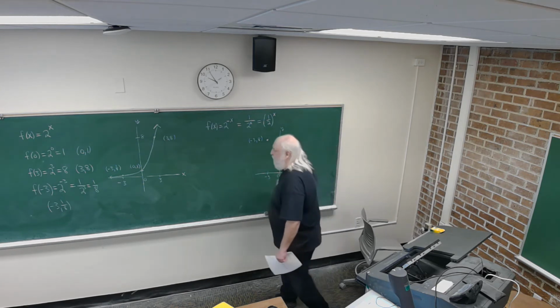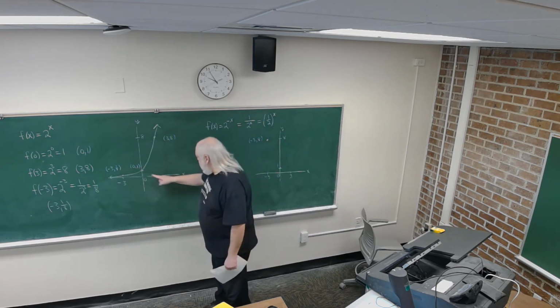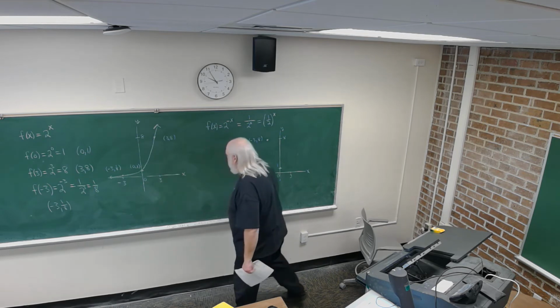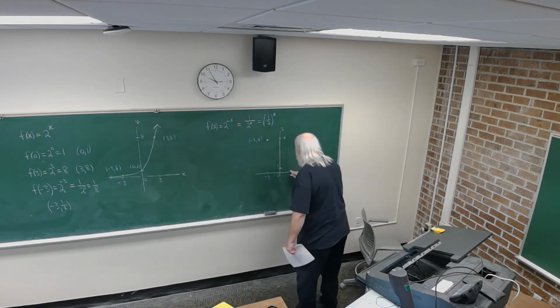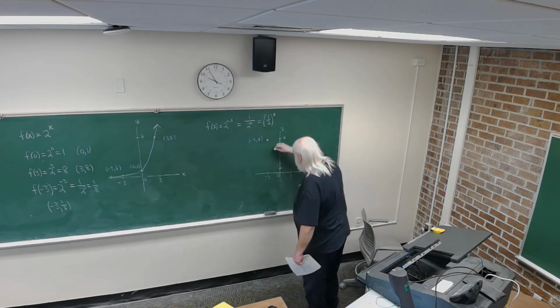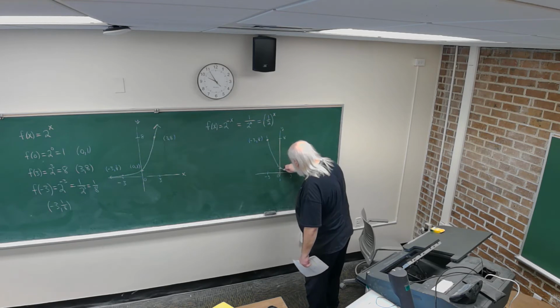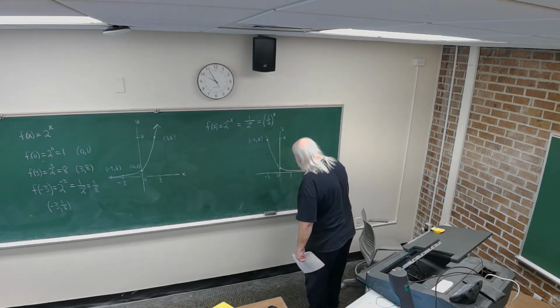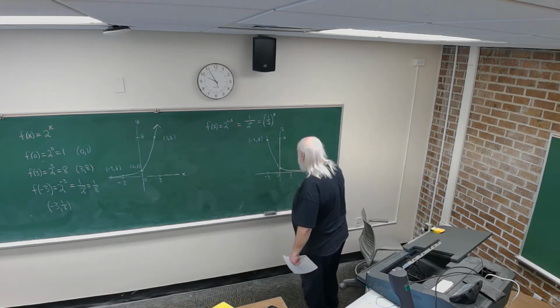And then this point at (3, 1/8) comes over here to (-3, 1/8). And so the graph comes down and flattens out to the right, right above the x-axis.